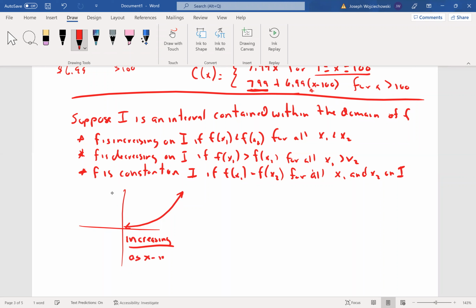As X increases, Y increases. Okay? For every X1 less than X2, f of X1 is less than f of X2. See, we're constantly increasing. Decreasing.